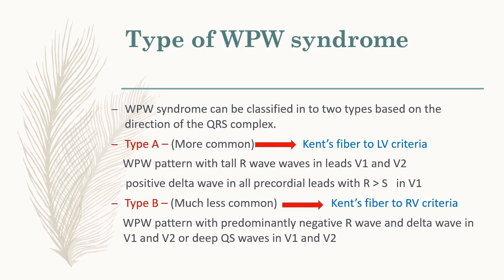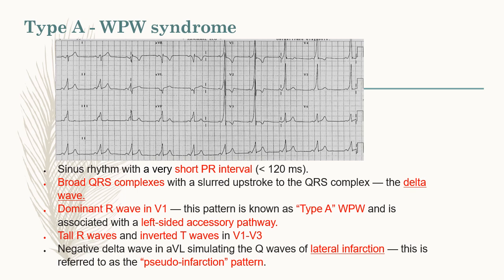Let's discuss types of WPW syndrome. Here are the ECG strips of type A WPW syndrome. Now we can see sinus rhythm with a very short PR interval, less than 120 milliseconds.